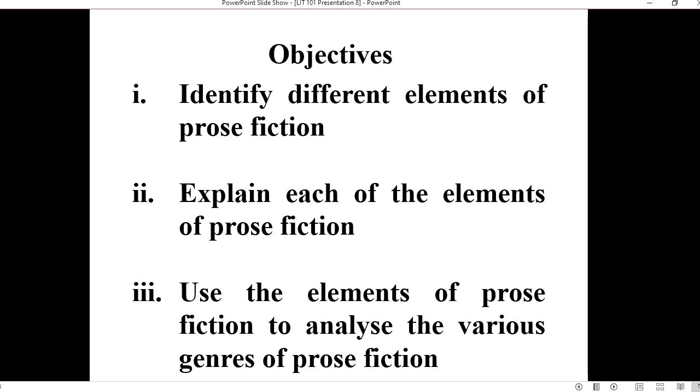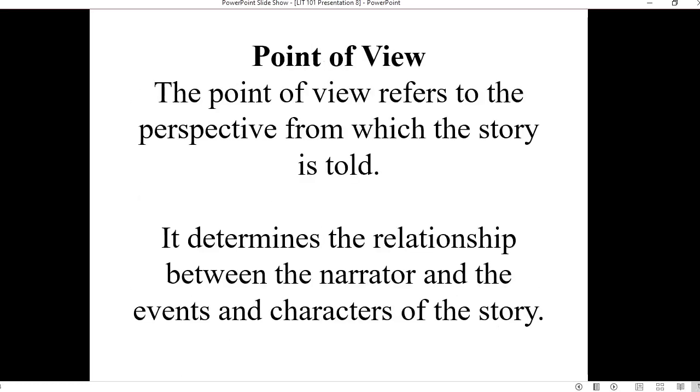You are expected to be able to use the knowledge you will gain through this lecture to analyze prose fictional works that you may lay your hands on, to apply these features while analyzing any narrative work. Let's progress.